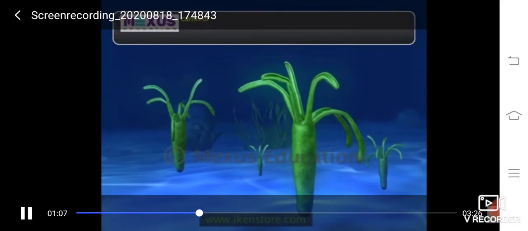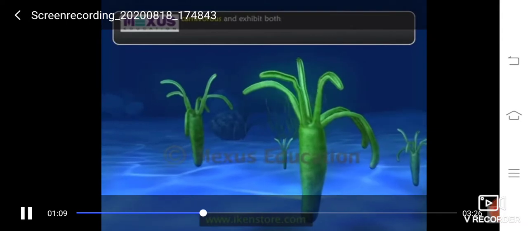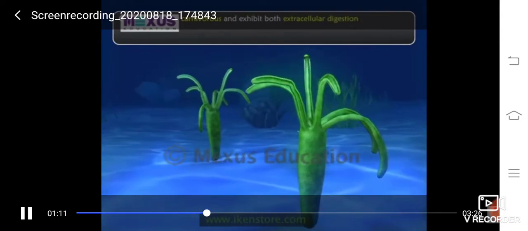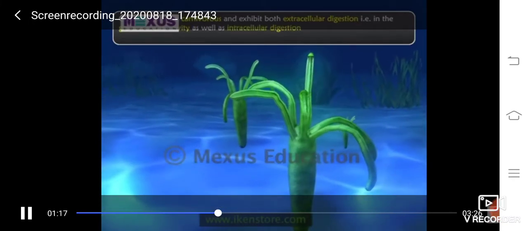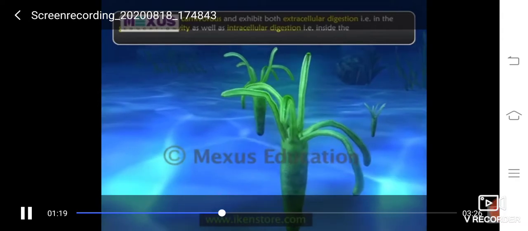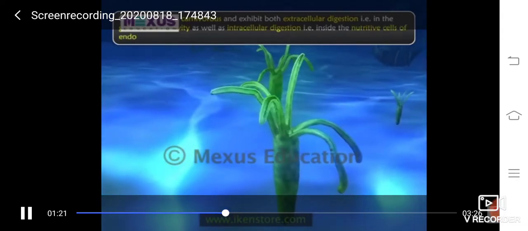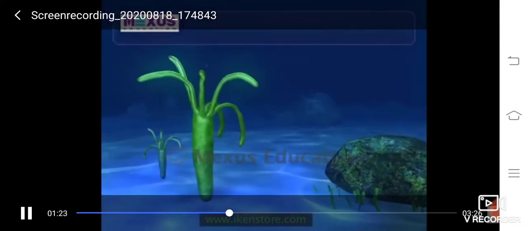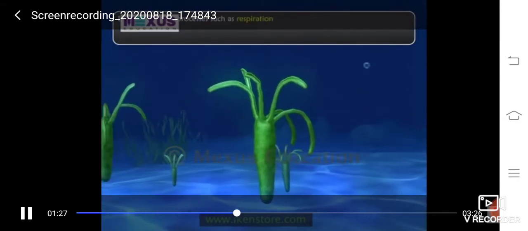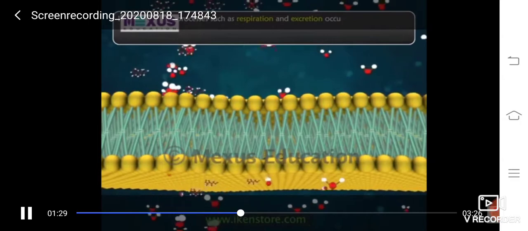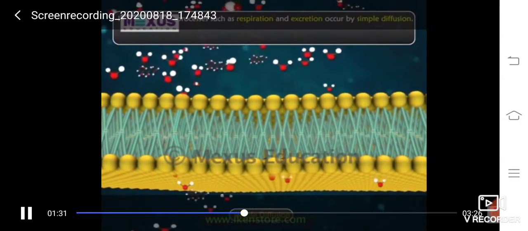Coelenterates are carnivorous and exhibit both extracellular digestion, that is, in the gastrovascular cavity, as well as intracellular digestion, that is, inside the nutritive cells of endodermis. In coelenterates, the processes such as respiration and excretion occur by simple diffusion.